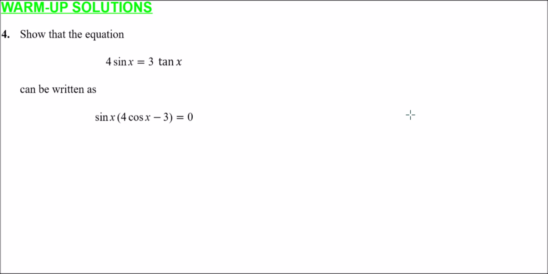A similar question type for question 4 now. So we need to show that 4 sine x equals 3 tan x can be rewritten in this form. And before we begin, there's another identity we need to remember, and it's the identity that tan of something, in this case tan x, is just sine over cos.